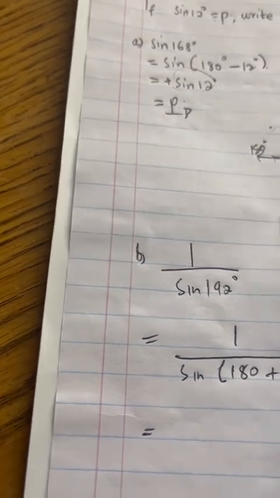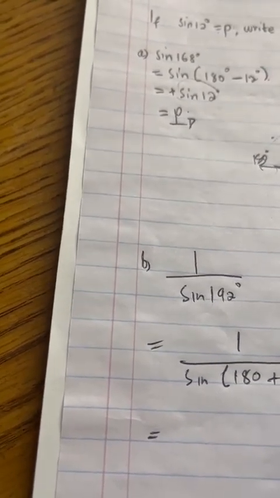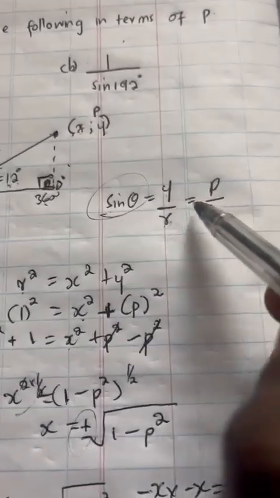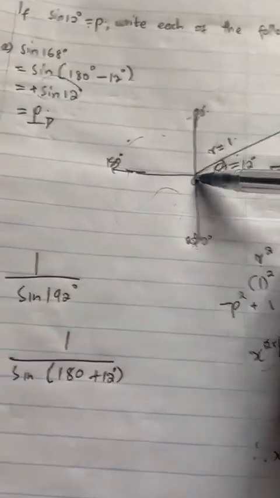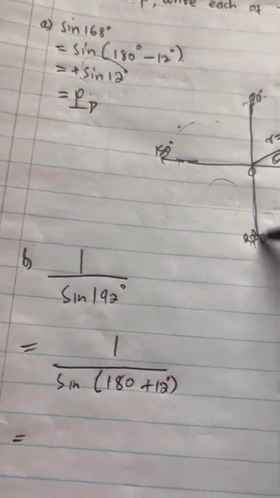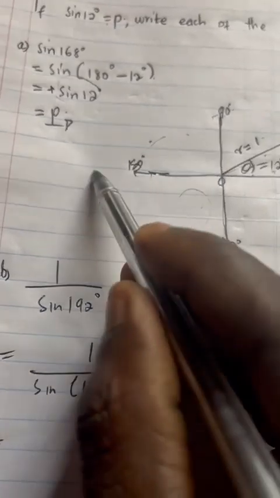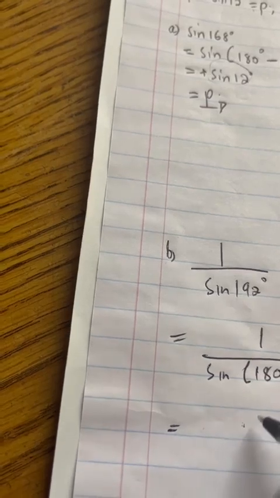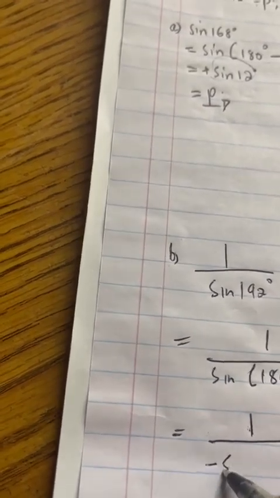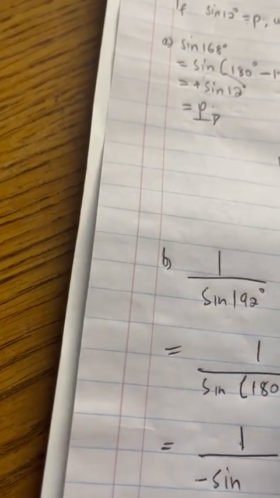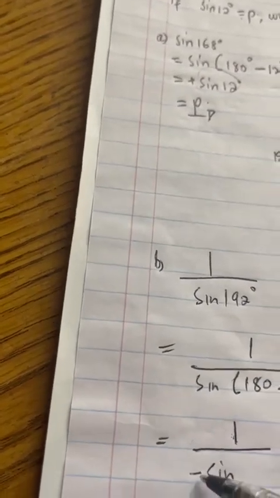So we are falling into the third quadrant where this y is going to be negative, because y is negative from here going down. X is negative from here going to the left. So I'm going to write 1 over negative sine, because sine is negative here, that's why I put a negative, and then I write 12.